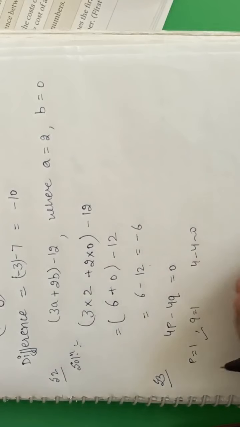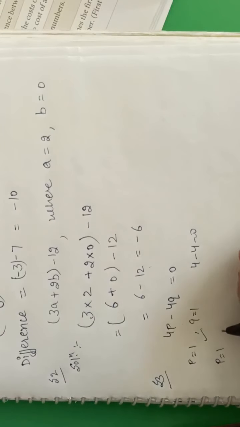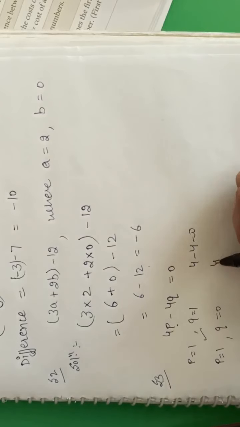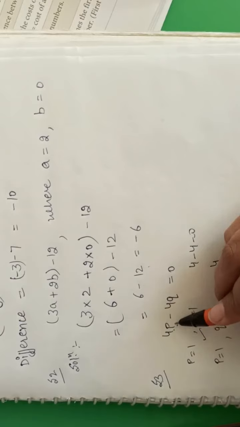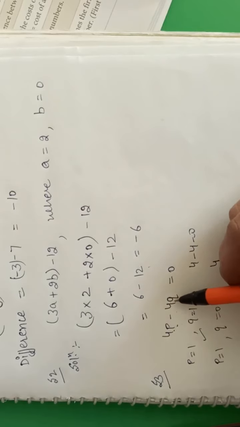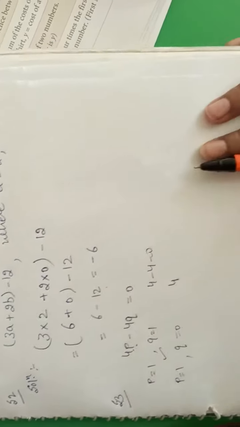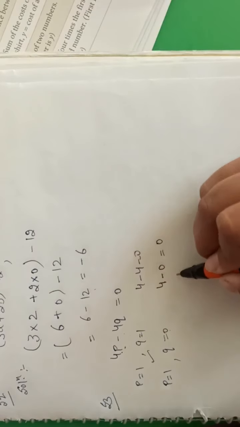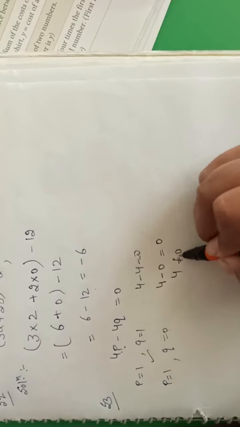This value is satisfied. If I put p equals 1 and q equals 0, let's see. 4 ones are 4, minus 0. When we multiply any number with 0, it comes 0. So it comes 4, which is not equal to 0.